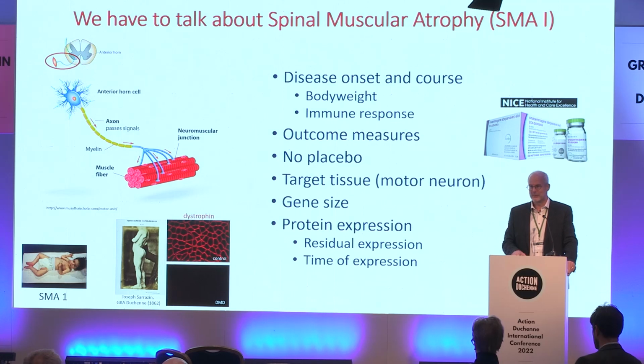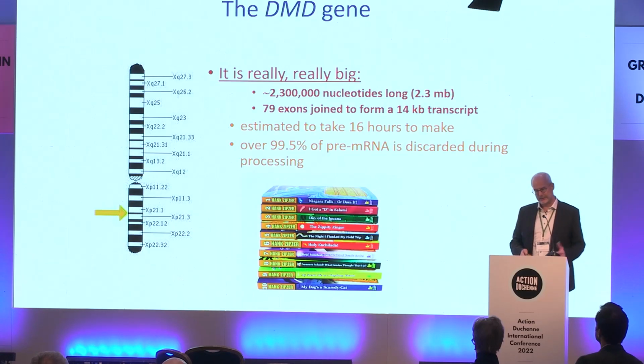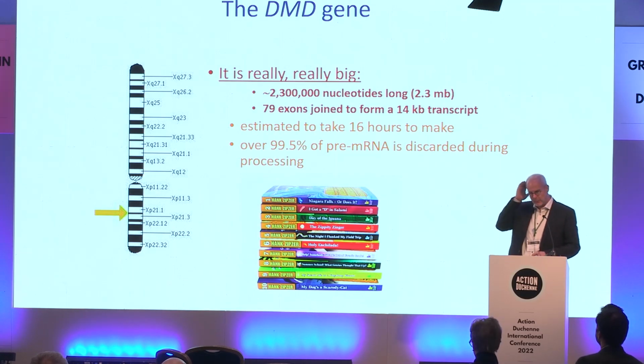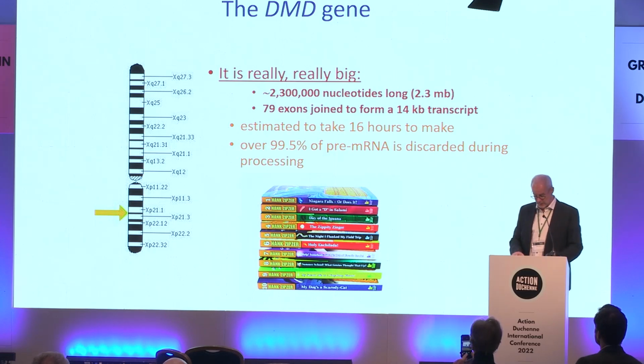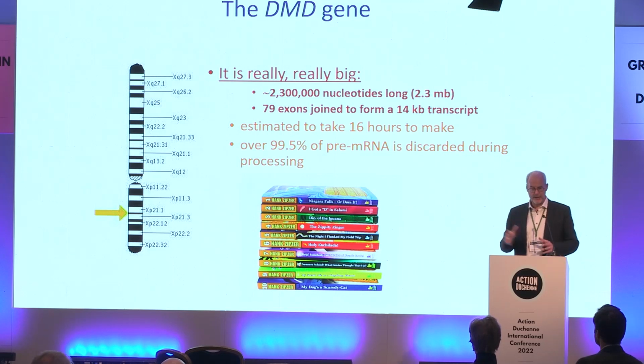It's really something that we have learned. And Duchenne muscular dystrophy is very difficult. The biggest challenge is probably that it's really, really big. When I talk to patients and patient groups and parents, I often compare the genome with a library and the genetic code with letters.